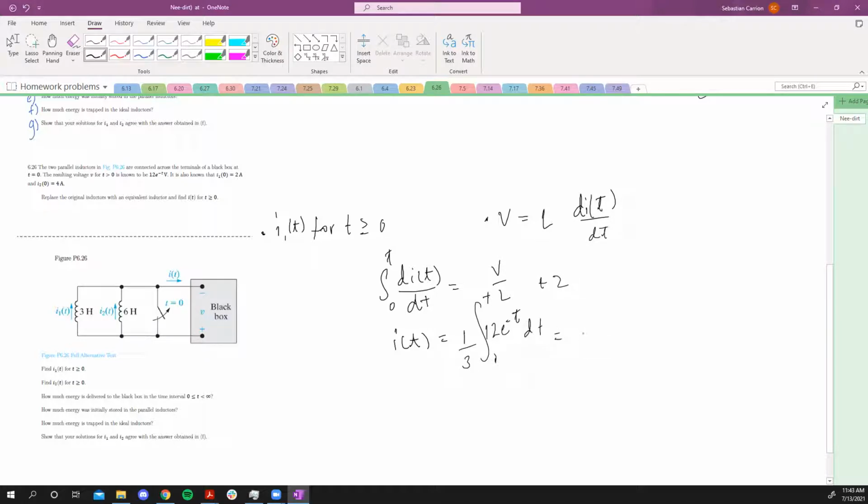So it would be 4, negative 4 e to the negative t plus 2. I1(t) equals negative 4 e to the negative t minus e to the negative 0, plus 2.